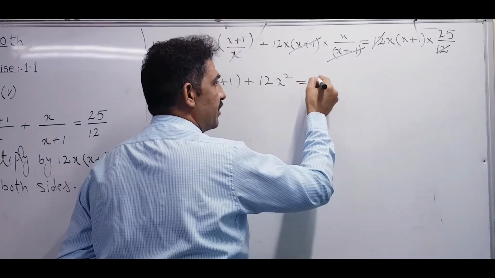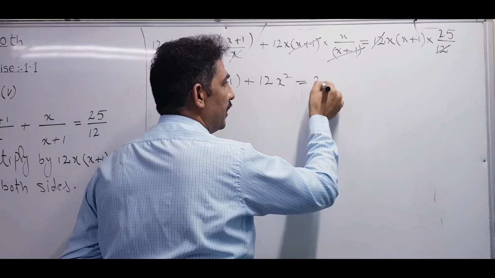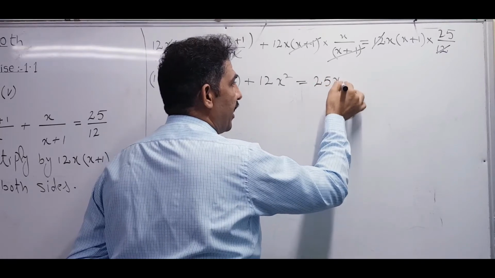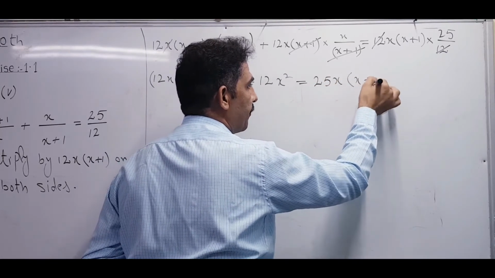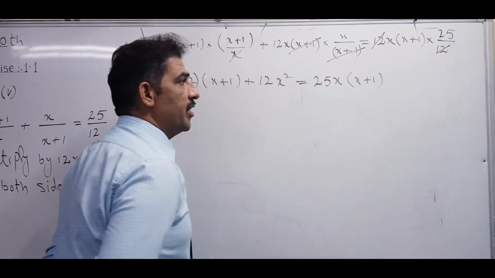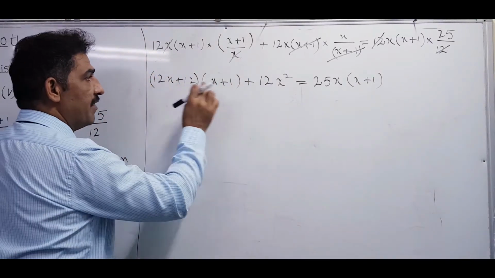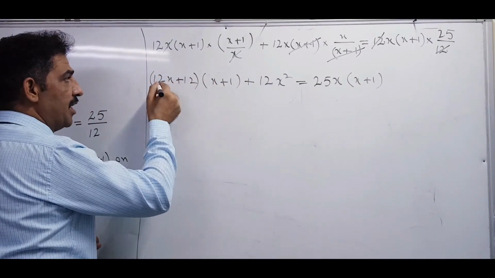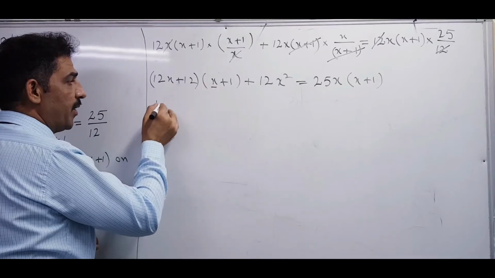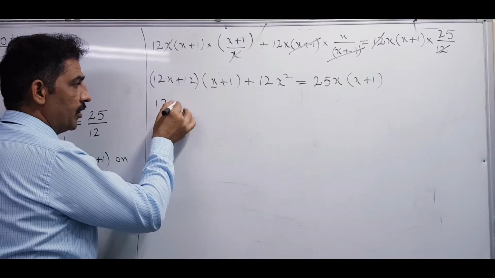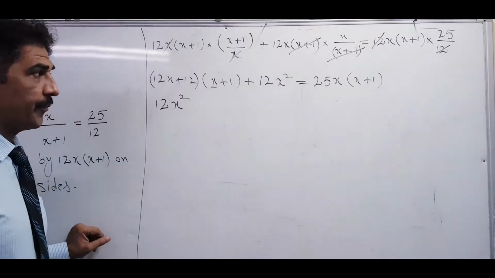Okay, in the next line I will simplify more. First I simplify outside the bracket: 25 into x, 25x and x plus 1. In the next step I will explain. Now here first 12x multiplies with both terms. When multiplied by the first term, it becomes 12x square.